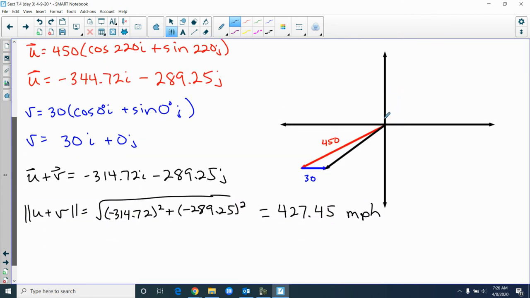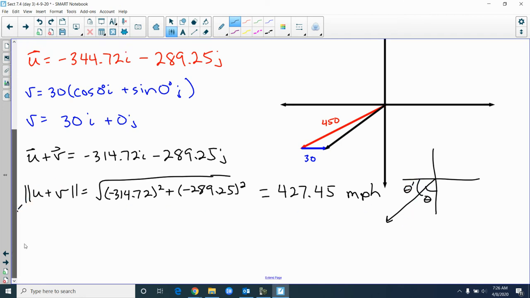Okay, on this problem right here, if you just take a look at that final vector, the bearing will be south and whatever this angle is west. But when we do inverse tangent, that gives us the reference angle, which is right here.